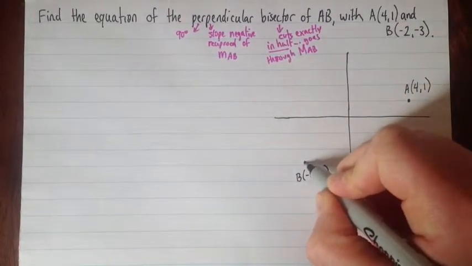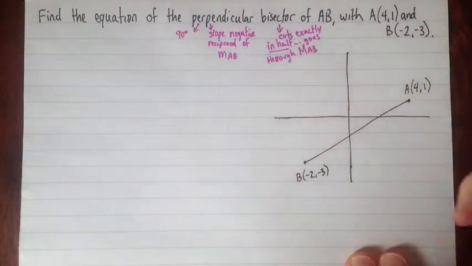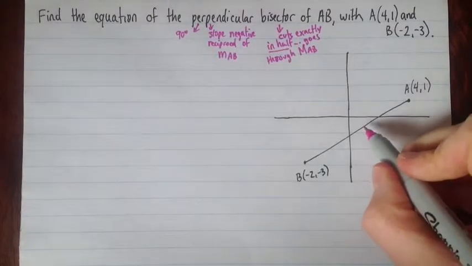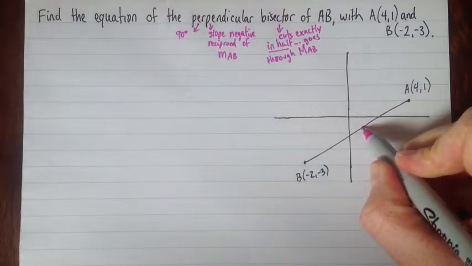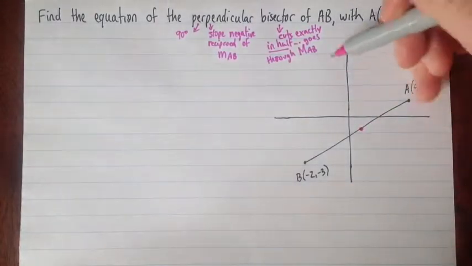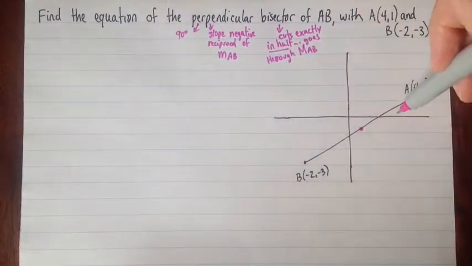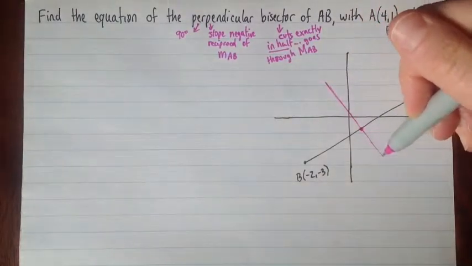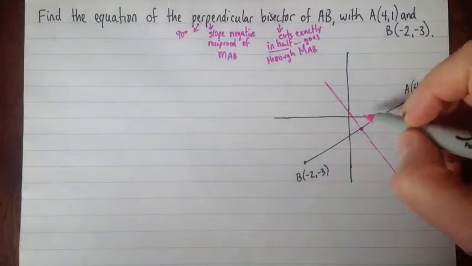So this is the line segment we have. We're going to find the midpoint of that segment, which as an estimate looks about here. Then we're going to find the slope of this segment, and find the perpendicular line. So it should look something like that.